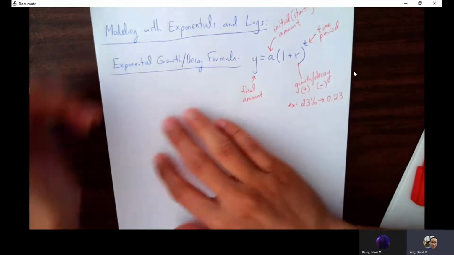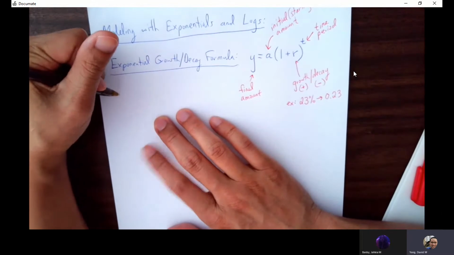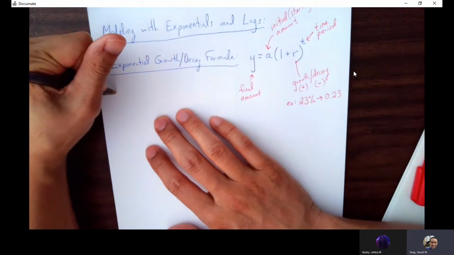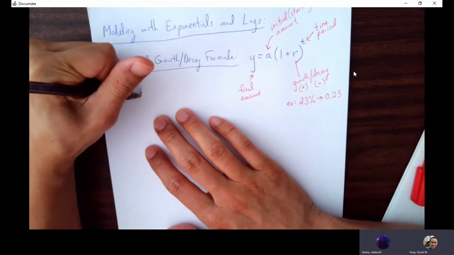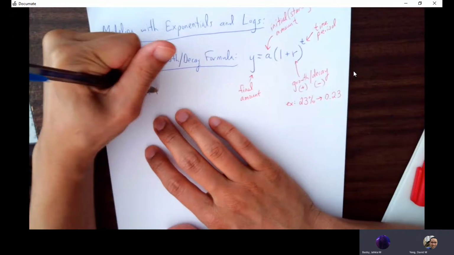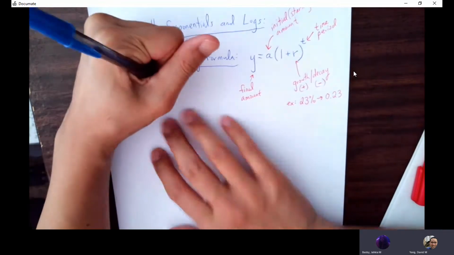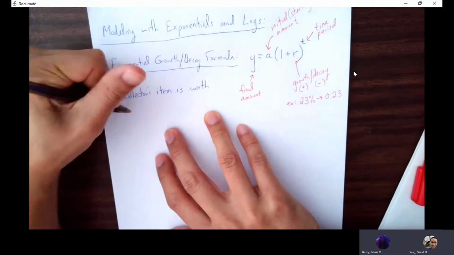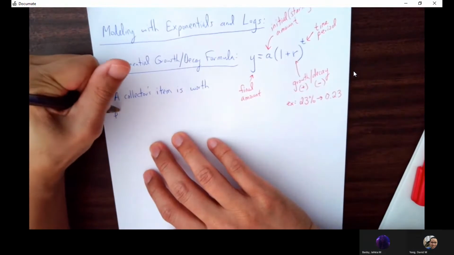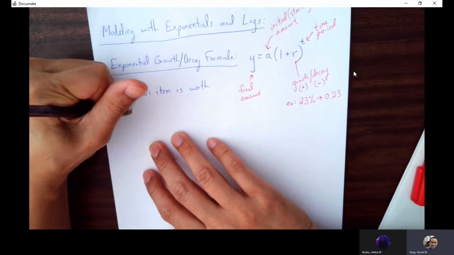All right, so let's do a scenario here. Let's say we have a collector's item that is worth $5,000.